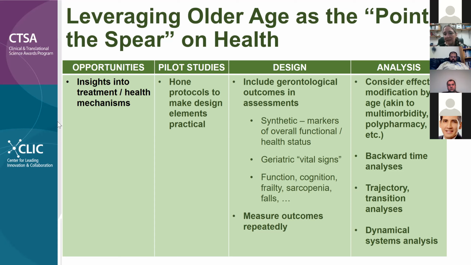Trajectory transition analyses, and then in the SPRING study, we are implementing biomathematical models known as dynamical systems analyses, where we literally are attempting to model mechanisms by collecting physiological data in multiple dimensions and evaluating how the relationships among these different physiological mechanisms, importantly, how they change and may rebound back in response to stressors, then has utility for predicting longer term outcomes.